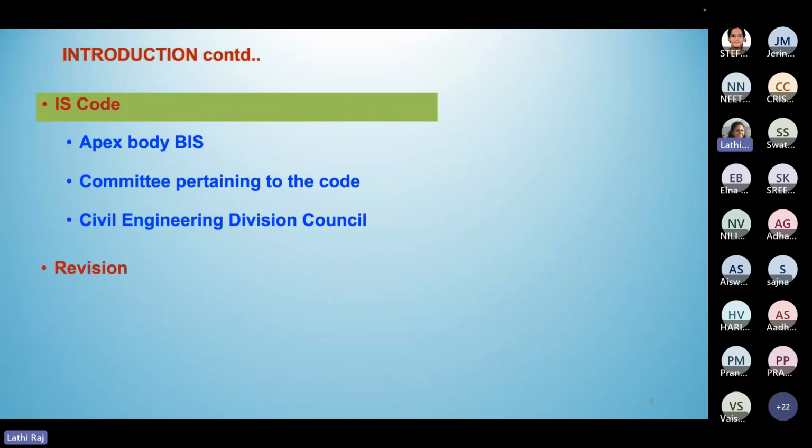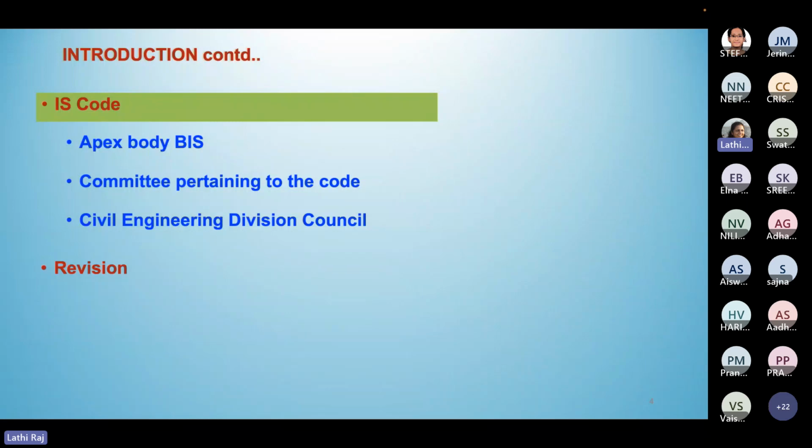Now, all the codes will be revised from time to time. Of course, in India, the revision comes after a long gap only. But in India also, there are amendments in some of the clauses. So if you look at any code, you can see some amendments pertaining to it, especially IS 456, IS 1893, IS 800.